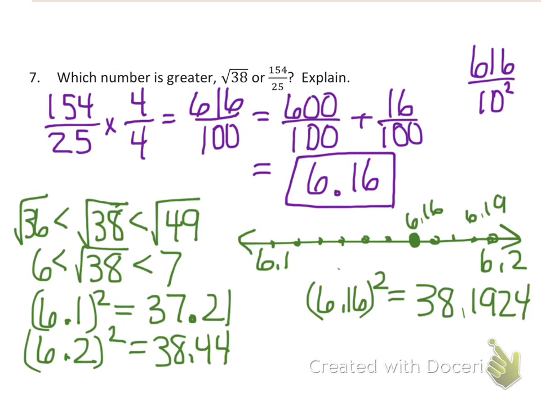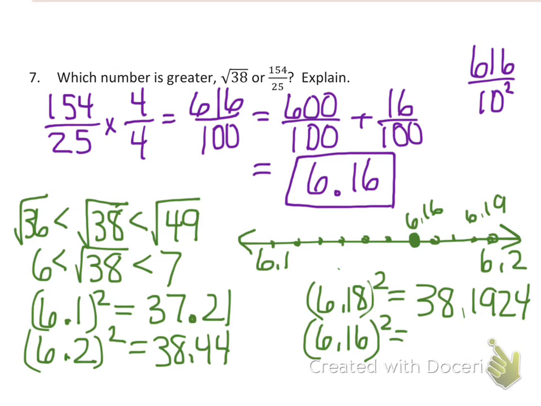Oops, sorry. I was double checking that work, and what I actually put in the calculator was that number. 6.18 squared is that. So I know that 6.18 is too big, but now I need to try 6.16 squared, which is what I meant to try.